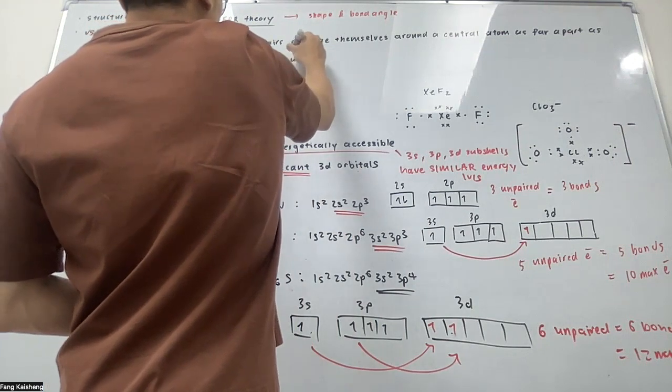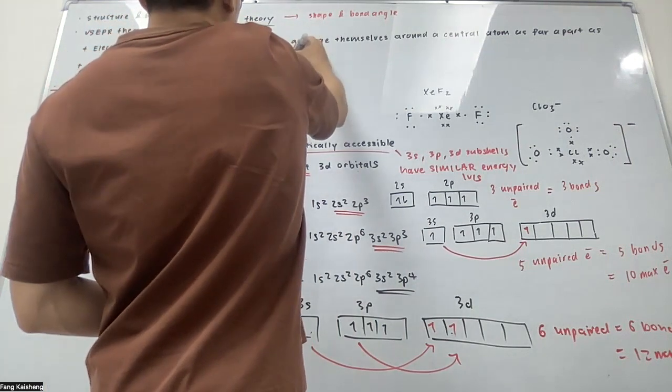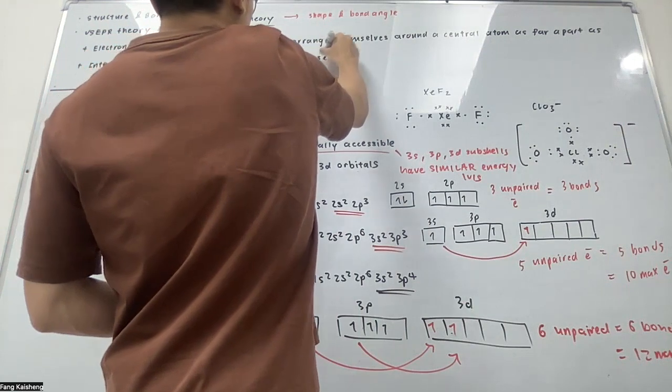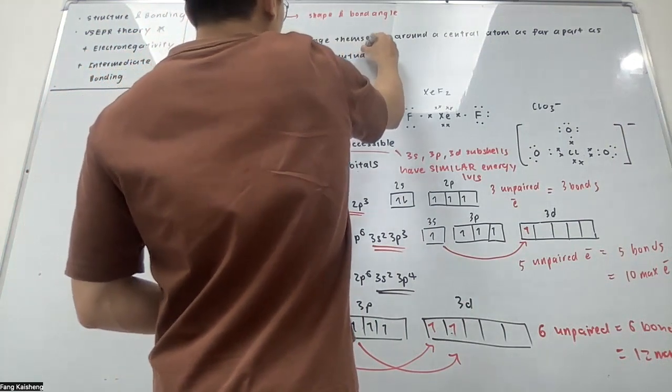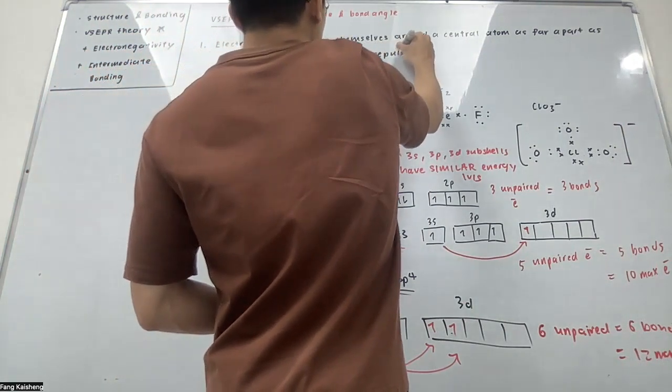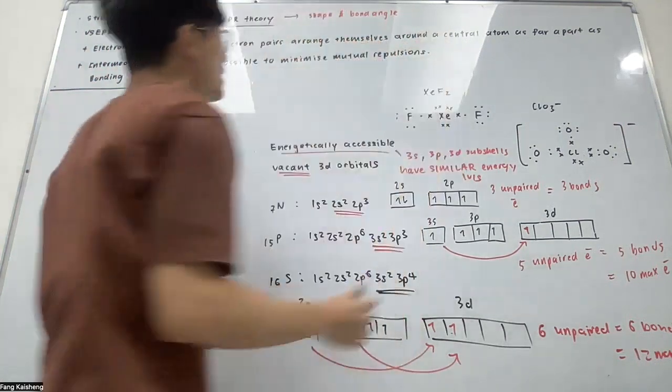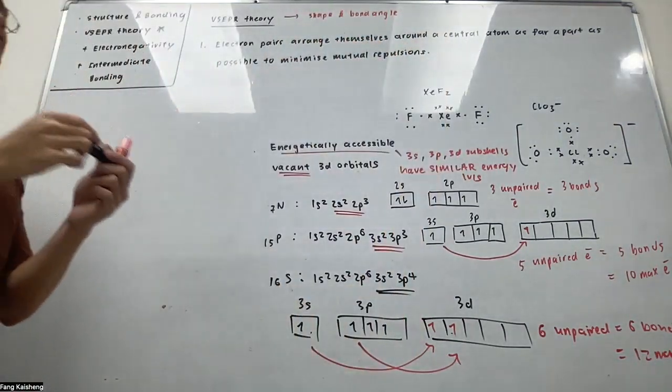I don't think I need to explain the concept itself, because it speaks for itself. Electrons never like to be close to each other because there's going to be a lot of repulsion, so they want to be as far apart as possible.